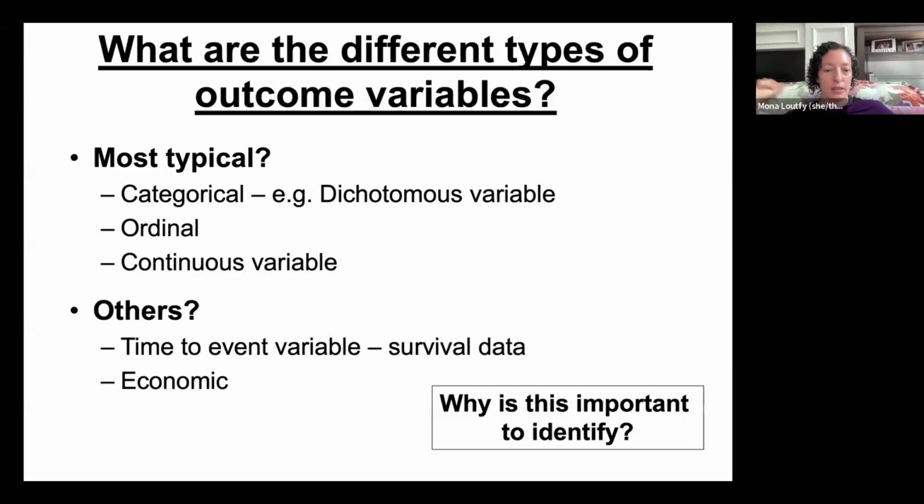That's time to event data. Or economic analysis could be another outcome type variable. But we're really going to stick with categorical variables and continuous variables. So let me show you how this works, okay?